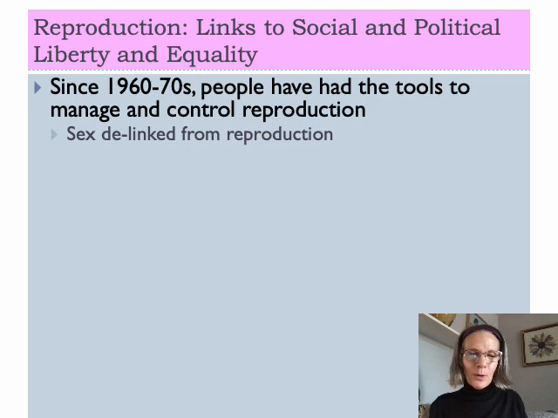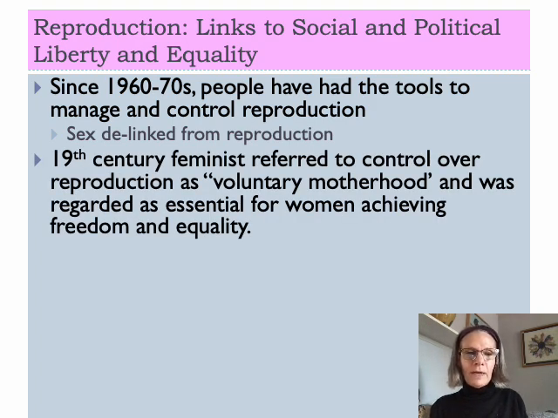Given the multiple birth control methods, the pill, most of which can be very reliable, and also access to abortion as a constitutional right, when people had sex, they could have it for reasons other than reproducing. In fact, you could have sex for pleasure because you could control your reproduction, and you didn't have to worry necessarily about getting pregnant as a result of sexual activity or intercourse in particular.